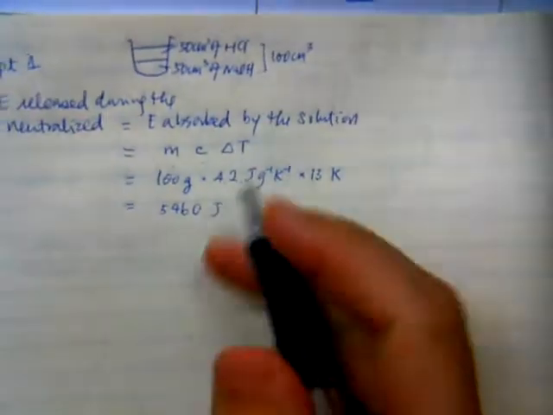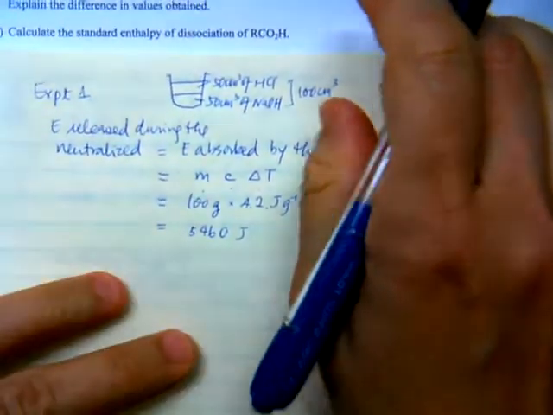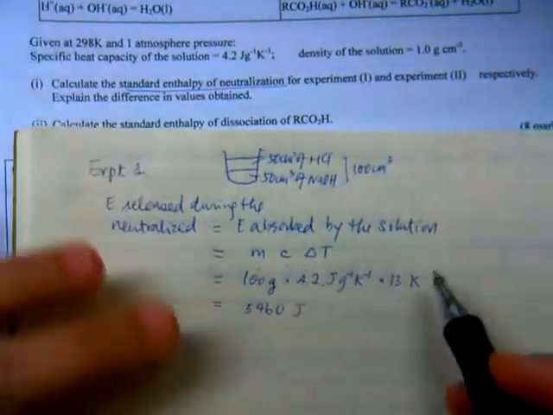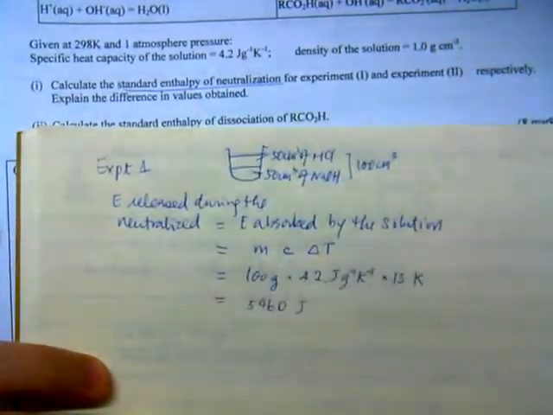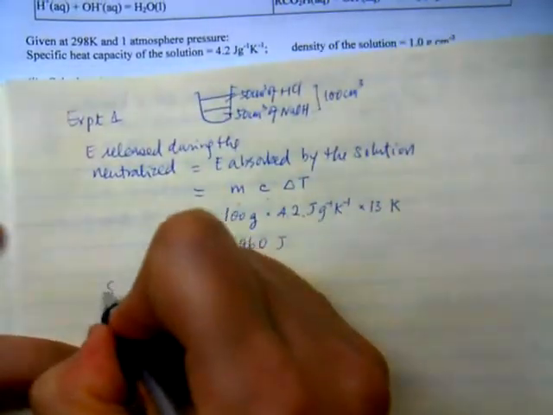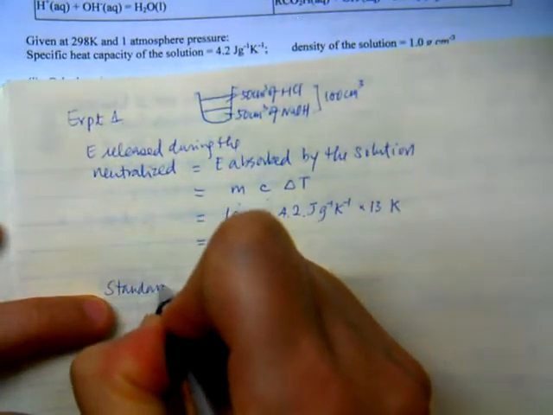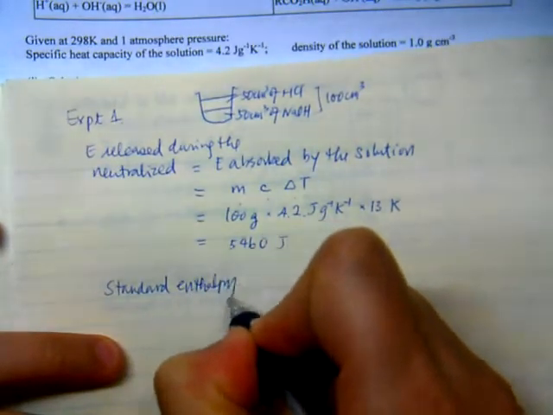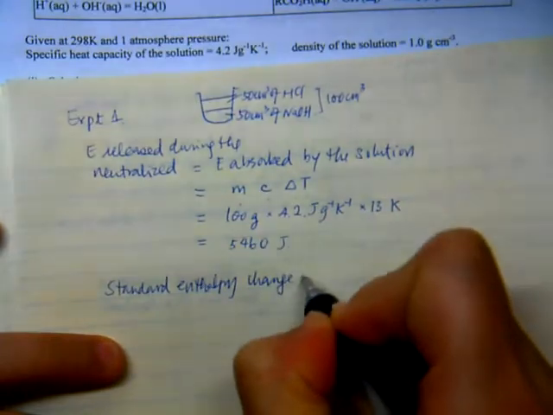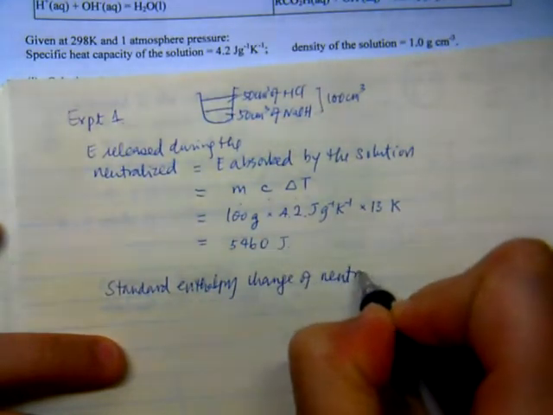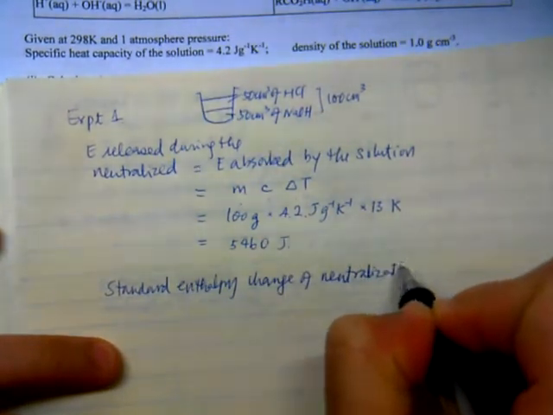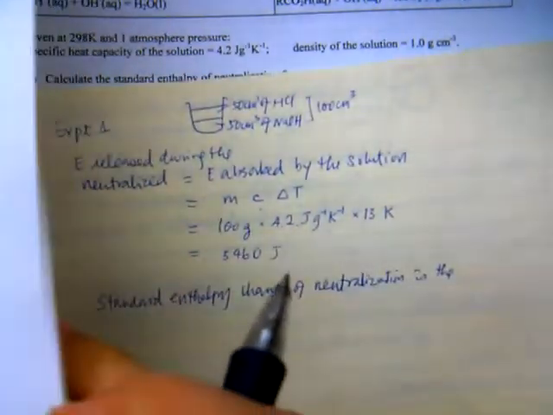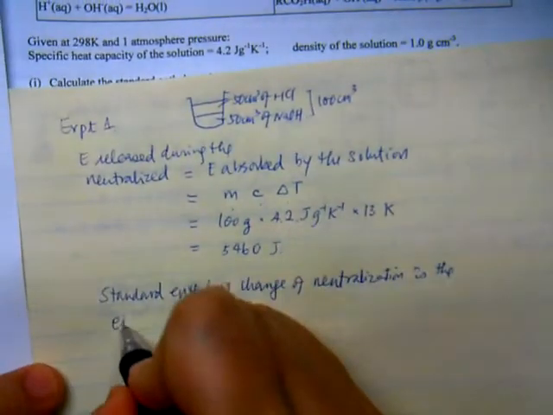And then we need to calculate the standard enthalpy change of neutralization. First of all, do you remember what is the standard enthalpy change of neutralization? Now let's focus on the definition. Standard enthalpy change of neutralization is the enthalpy change.